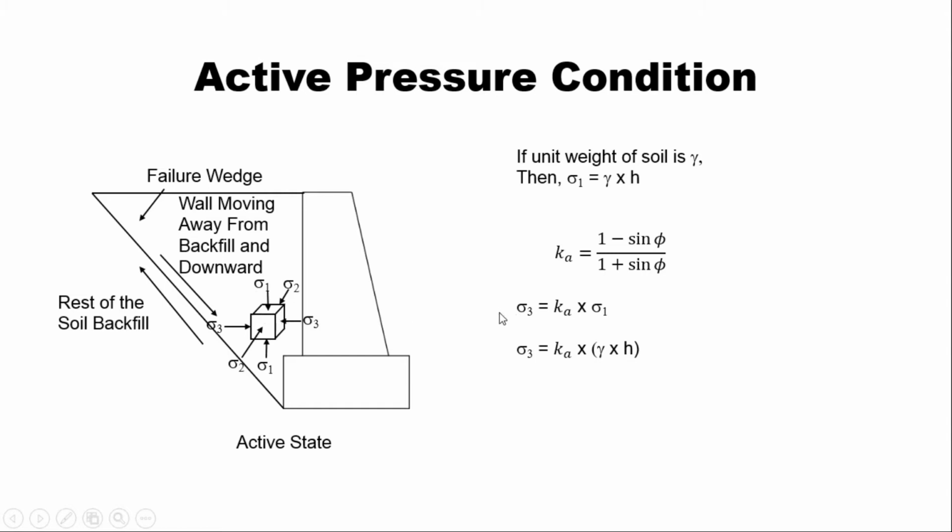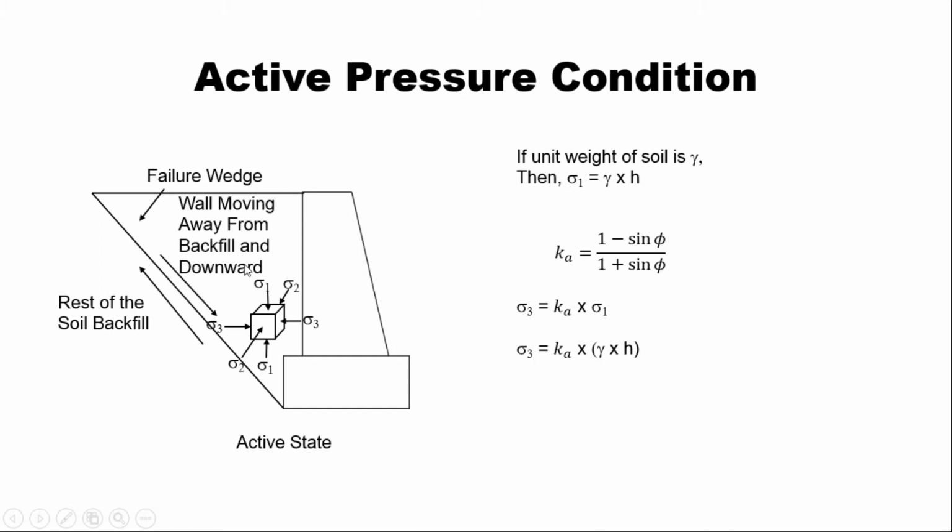To get that pressure, we multiply the major principal stress sigma 1 with the coefficient of lateral earth pressure Ka to get the lateral earth pressure sigma 3. In this case, the expression for Ka is (1 - sin phi)/(1 + sin phi).